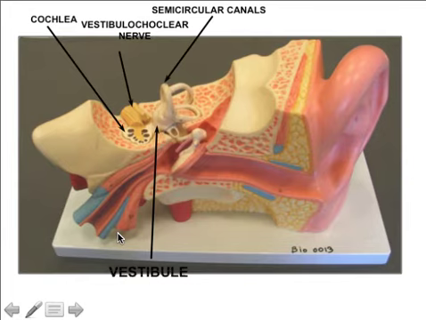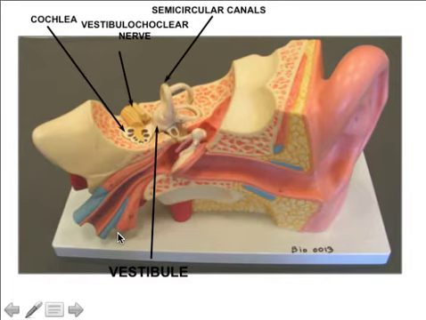In the vestibule, there are structures that respond to our sense of static equilibrium, so that when we're standing still, we know top from bottom and left from right. They respond to gravity via sensory hairs that are embedded in a gel-like matrix that contains otoliths that are attracted by gravity, and the result is that we are able to maintain our equilibrium.